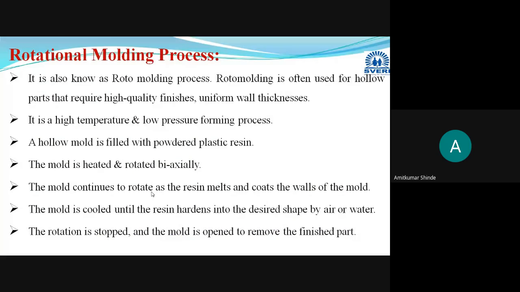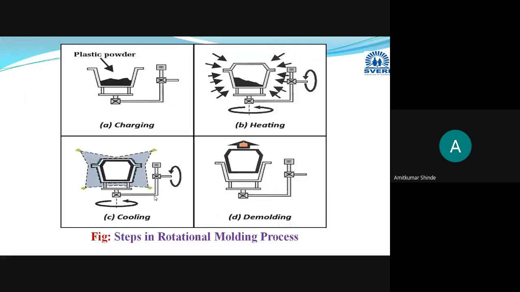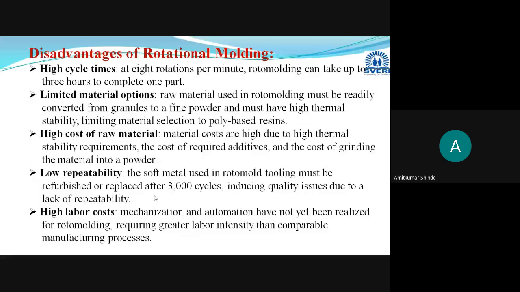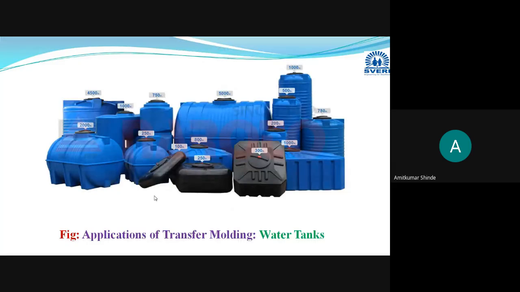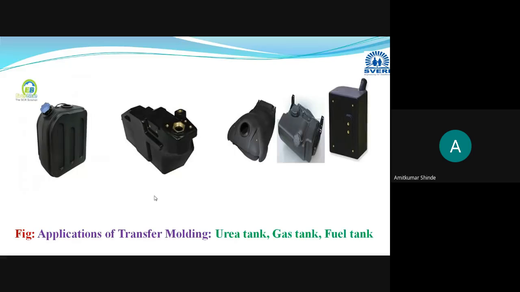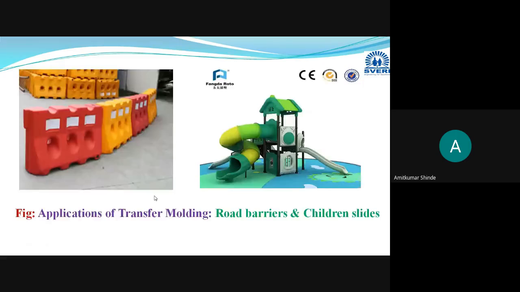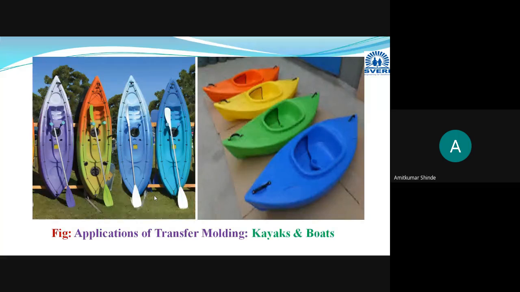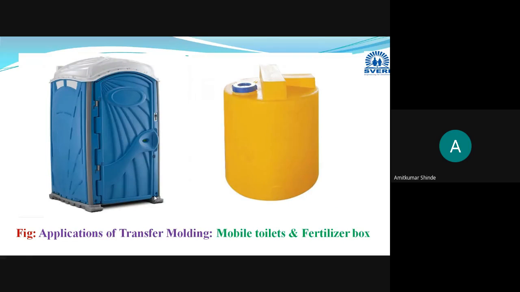And the rotational molding process, steps involved in it, advantages, disadvantages, and some applications like water tanks, military utility boxes, different urea tanks, gas tanks, fuel tanks, road barriers, children's slides, crates, pallets, different dustbins, then kayaks, boats, mobile toilets, fertilizer boxes. Okay, all these are manufactured by the rotational molding process.